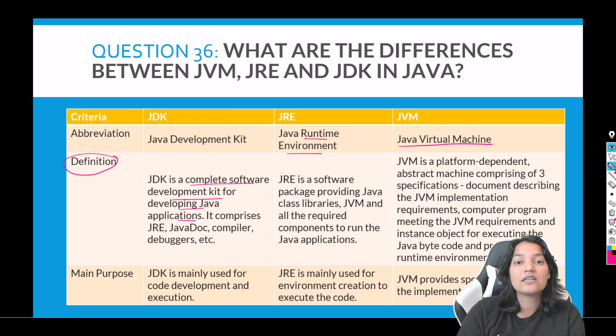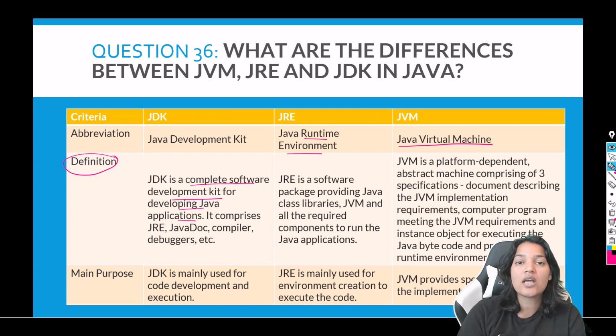The next thing is, what is JRE? JRE is a software package providing Java class libraries. So all the built-in Java libraries are present in the JRE because your program might be referencing those libraries, right? It also contains JVM and all the required components to run your application.